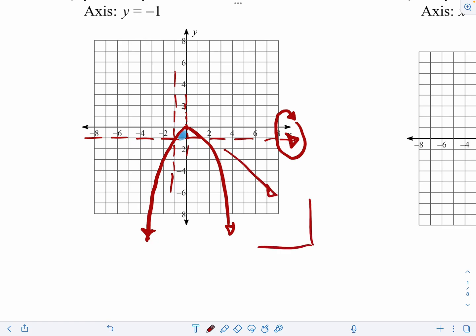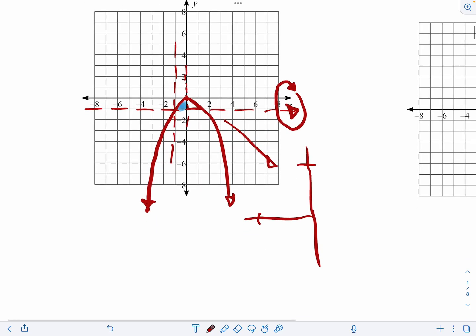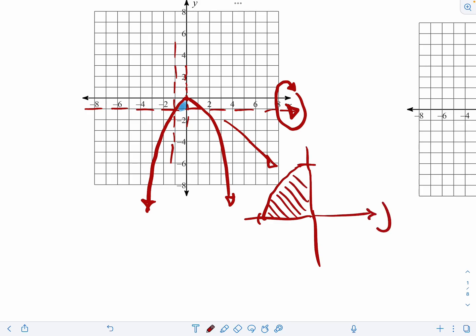I'm looking at something like this, that's being revolved around this axis.